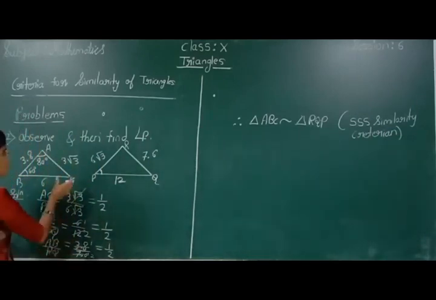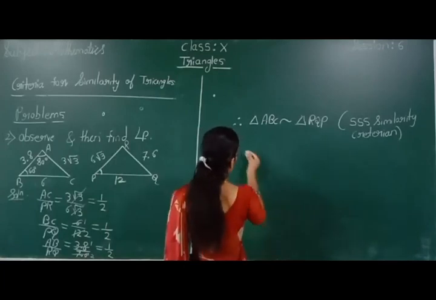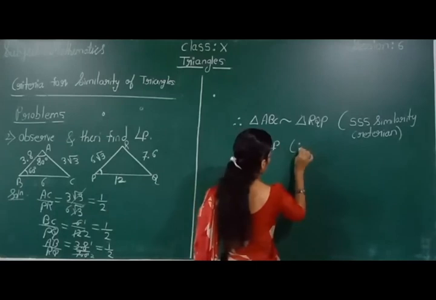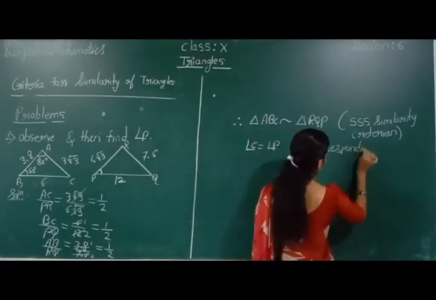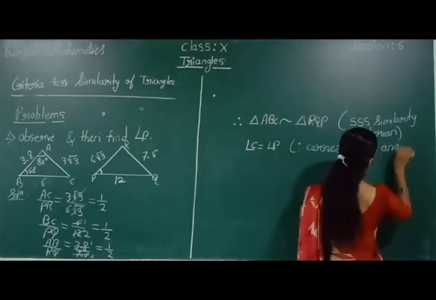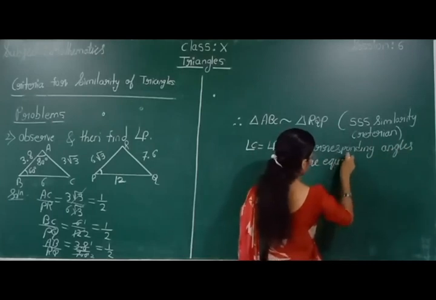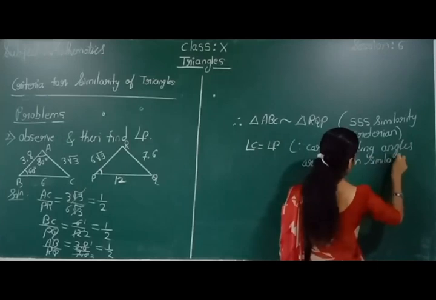If these two triangles are similar, definitely their corresponding angles are going to be equal. Yes or no? What we can tell? Angle C is equal to angle P, because corresponding angles are equal in similar triangles.